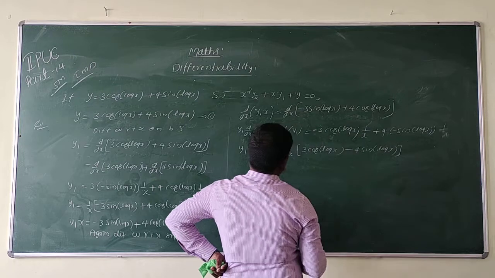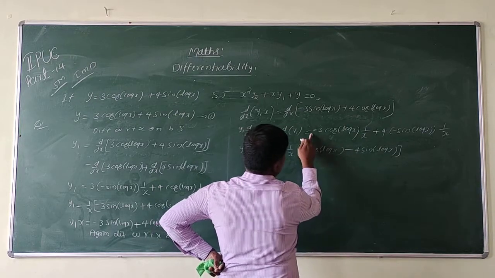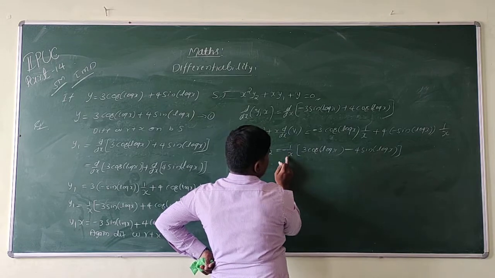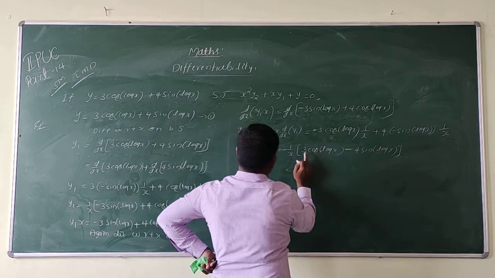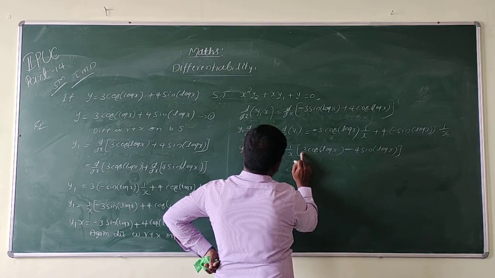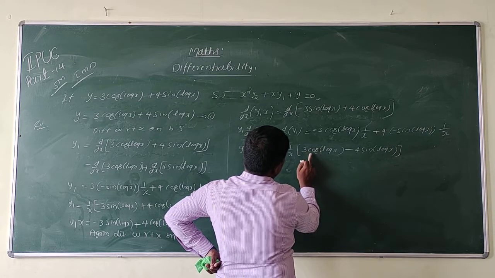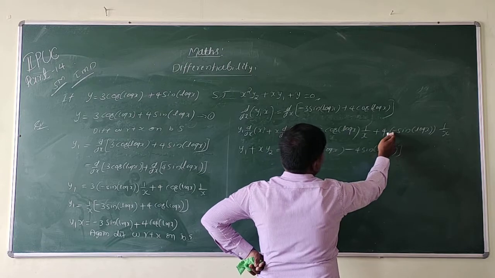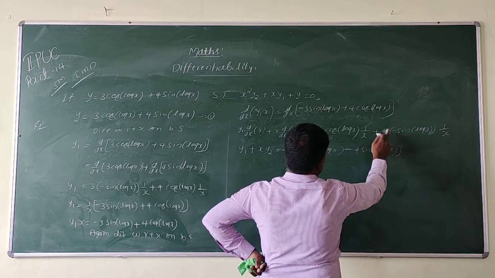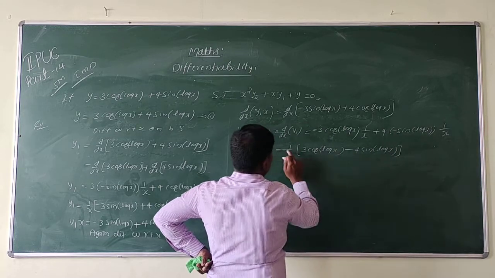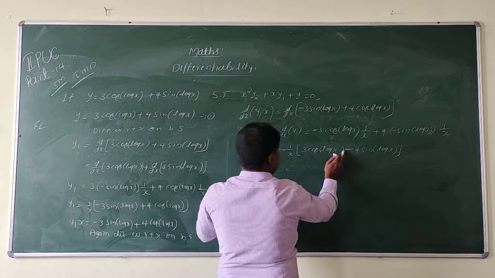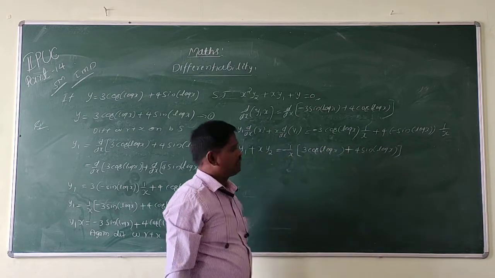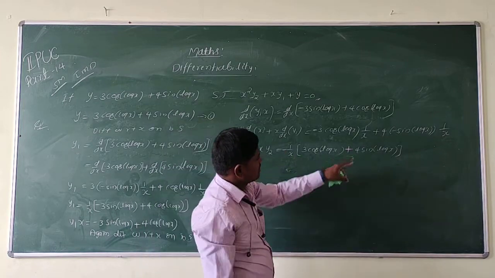Suppose I am taking minus common here, then what happened? Minus 1 by x. Actually we are left with 3 cos of log x. Taking minus of minus, then you get plus. So actually this is plus.